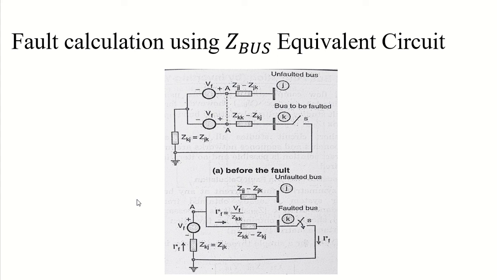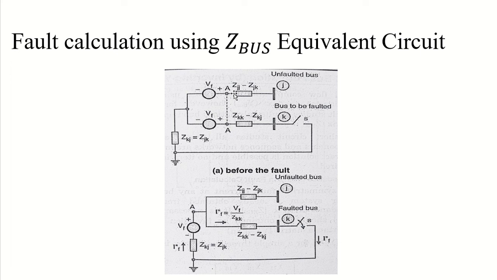We are going to find the values of voltages between your K and J buses. As you can see here, J and K. The impedances corresponding to the elements of ZBUS are given here, as you can see, ZKK, ZKJ, ZJJ, right?